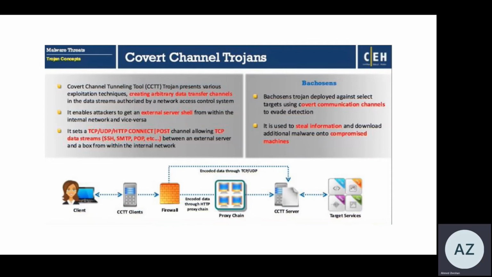So a client interacting with a covert channel tool would be accessing a firewall through which packet traffic would be transferred using an HTTP proxy chain to the covert channel tool server, and obviously to the target services. That's how it's done. It enables the attackers to get an external server shell from within the internal network.